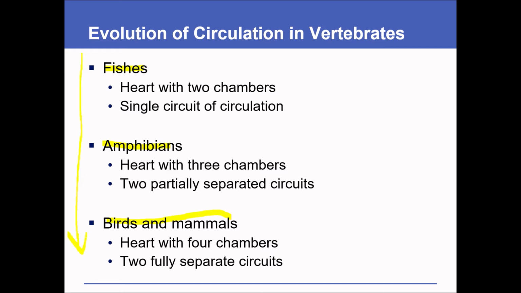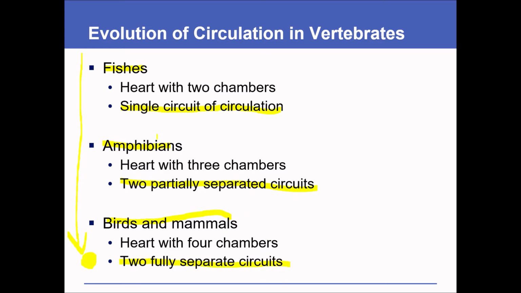So as soon as we get to this point, it means it's one of the most evolved systems in all of nature. Then let's recognize the first thing. They say that fishes have a single circuit of circulation. The amphibians have two partially separated circuits, and then the birds and mammals have two fully separated circuits.